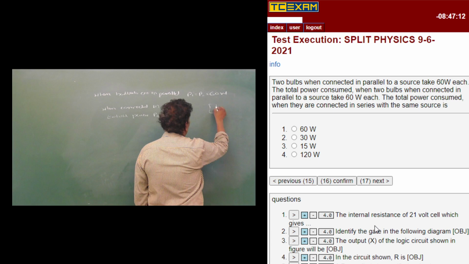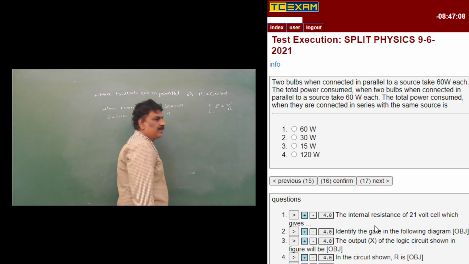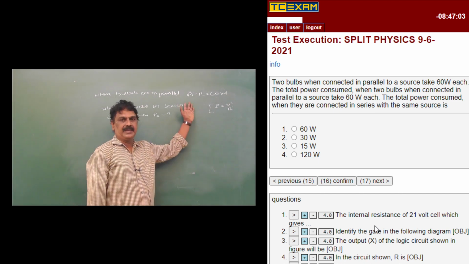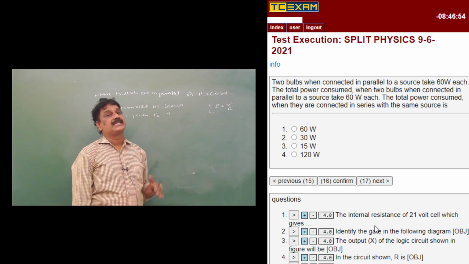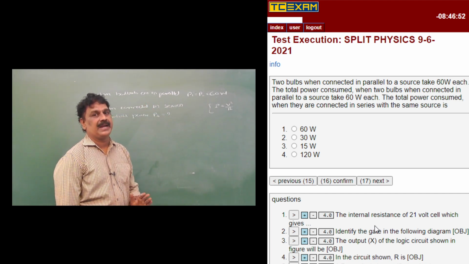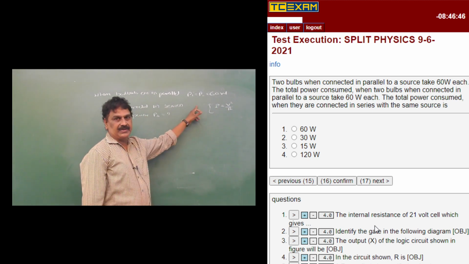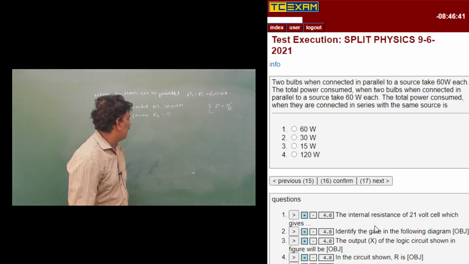We know that the power P is equal to V square by R. When they are connected in parallel, the bulb glows with maximum power. But when connected in series, the power gets reduced, because the voltage remains the same in parallel combination, but in series combination, the voltage gets divided.